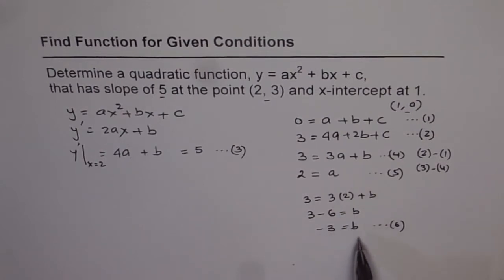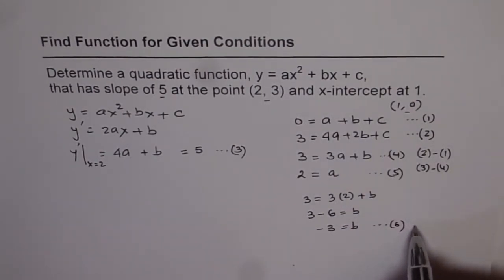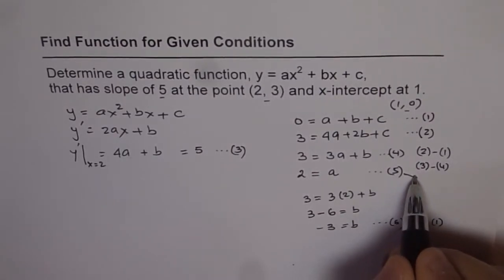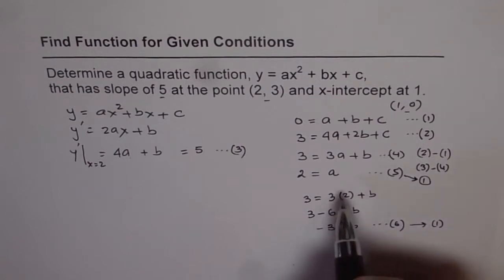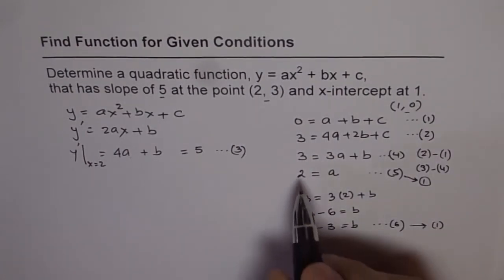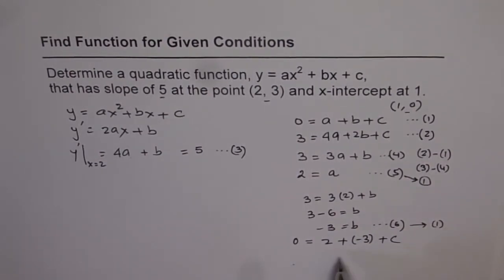Now we know a and b. We'll substitute both a and b in the first equation. So a is 2, and we get 0 equals 2 plus b, which is minus 3, plus c. And from here we get the value of c, right?